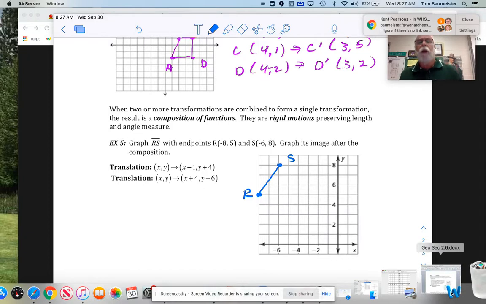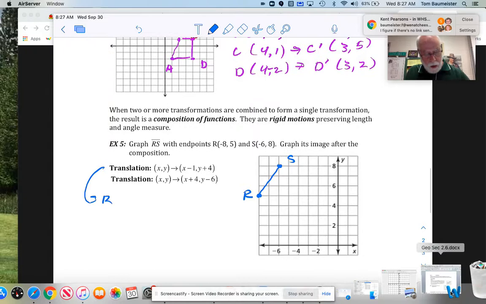All right, so now what I did is I just found a graph and I thought I had the right one, but I kind of want you to see what happens. In the first translation, R of -8 and 5 goes to R prime, which will be -9 and 9, okay?